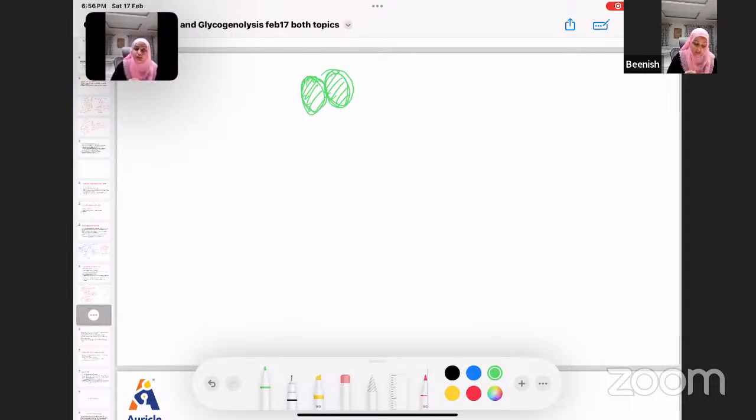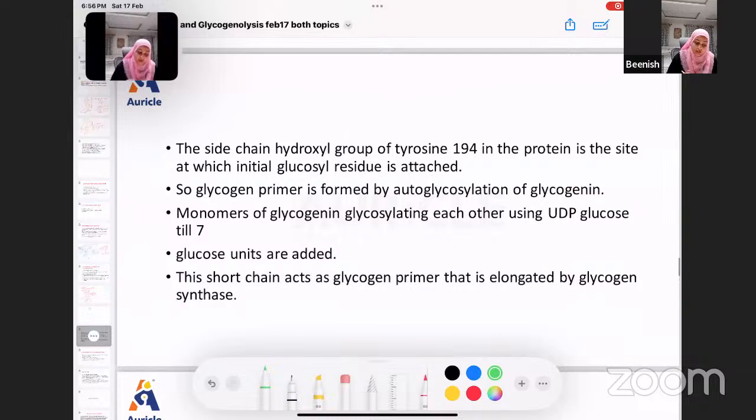Now, your glycogenin is rich in tyrosine residues. The side chain of tyrosine has a hydroxyl group. So the hydroxyl group of tyrosine 194 in the protein is the site at which the initial glucosyl residue is attached.